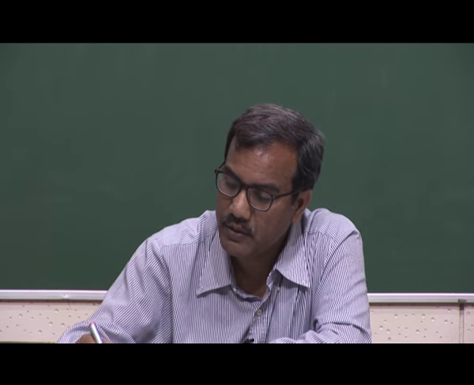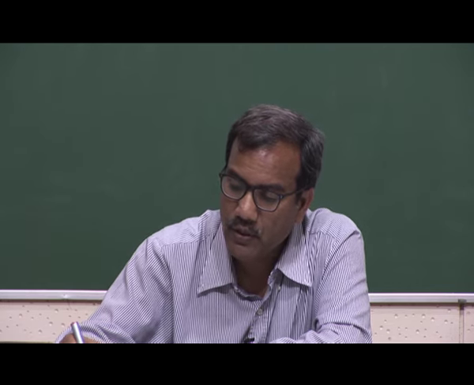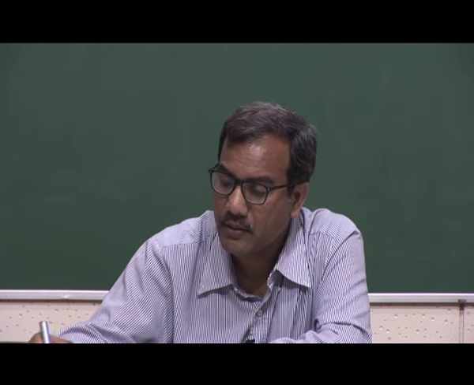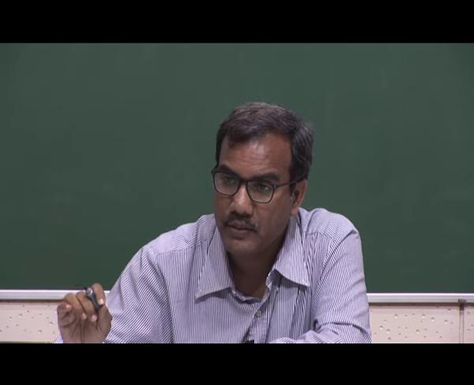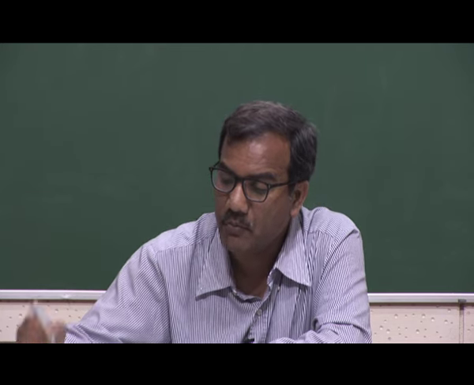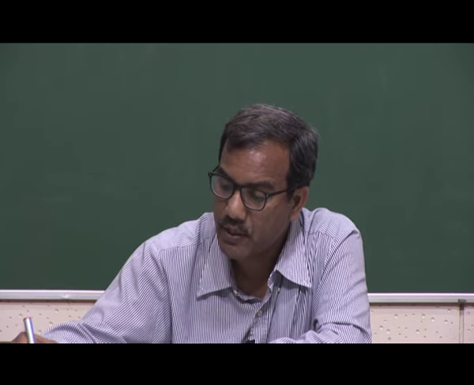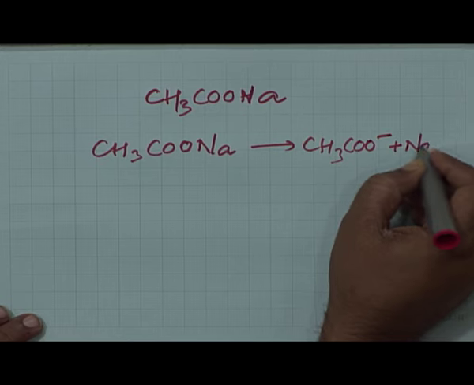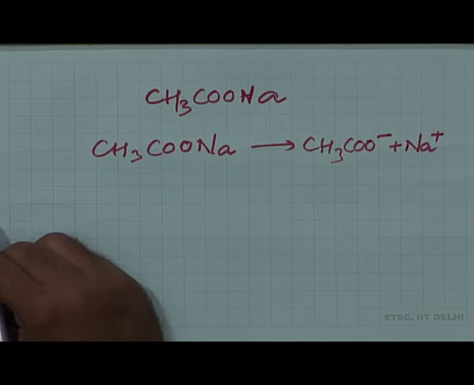So, let us think about this. This is a soluble salt. What that means is it will completely dissociate. Any soluble salt almost completely dissociates in water into its ions. So, first this happens.